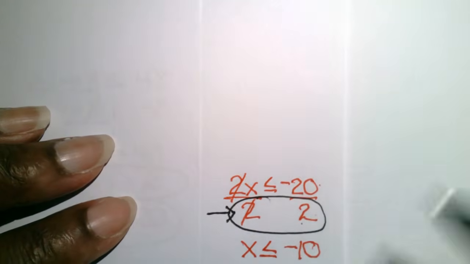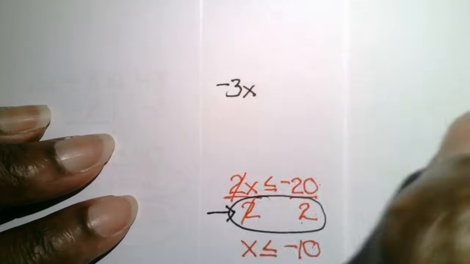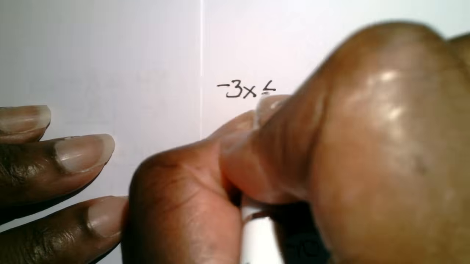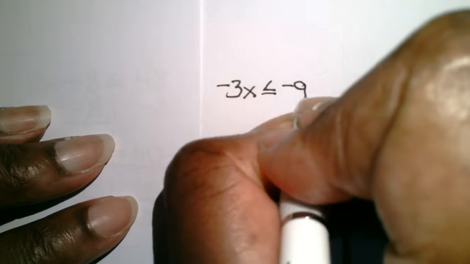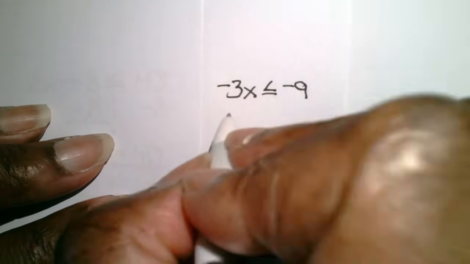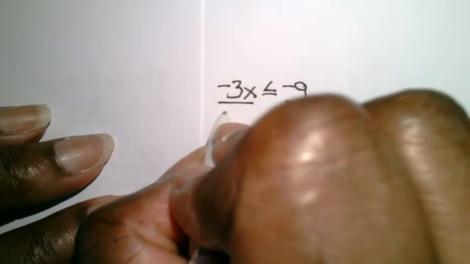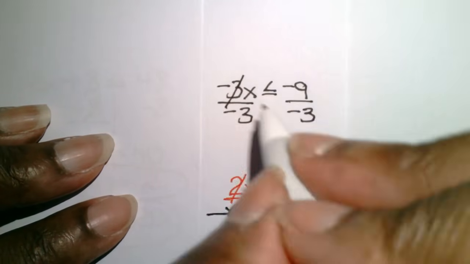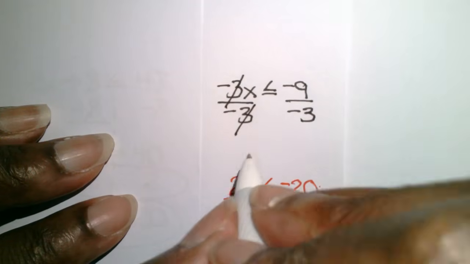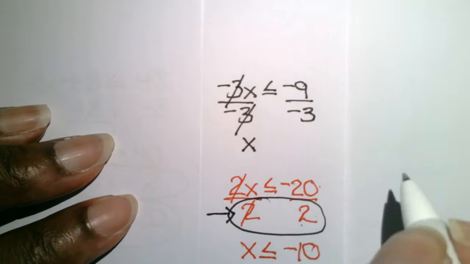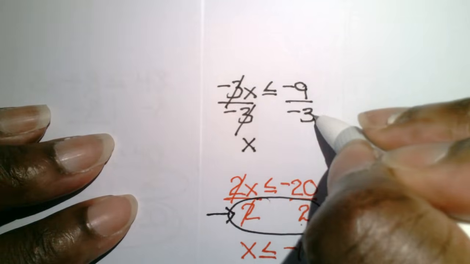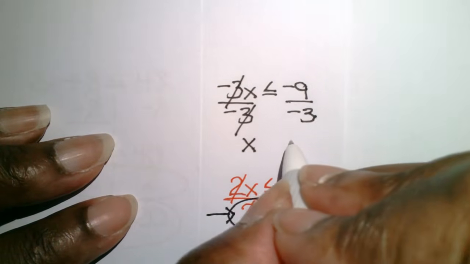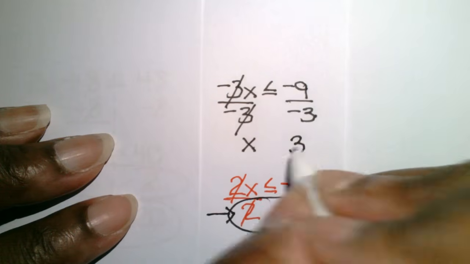So like if I have -3, let me change pens here. If I said -3x is less than or equal to -9, divide both sides by -3. So -3 divided by -3 would cancel out to give me my x. -9 divided by -3 gives me a +3.